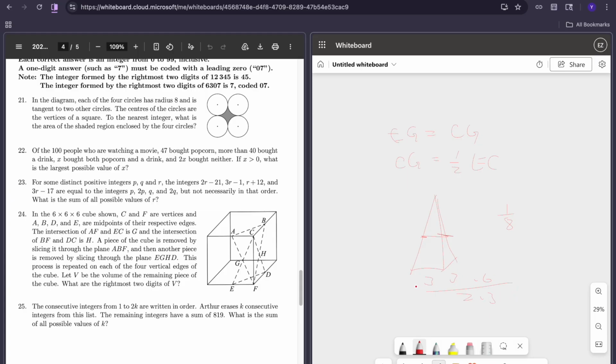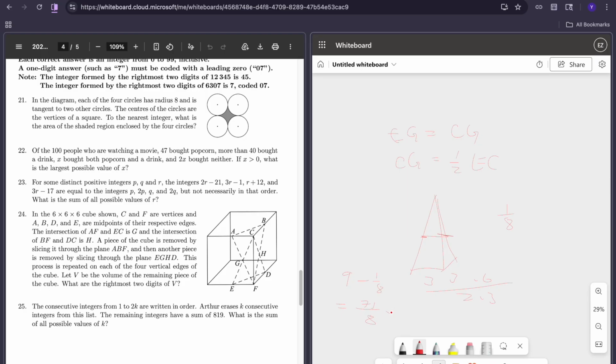So we get 9. And then we reduce 1/8 of its parts, so minus 1/8, which is equal to 71/8.